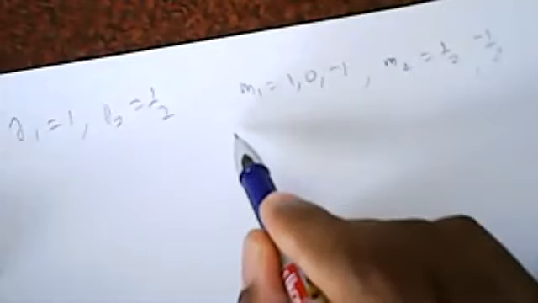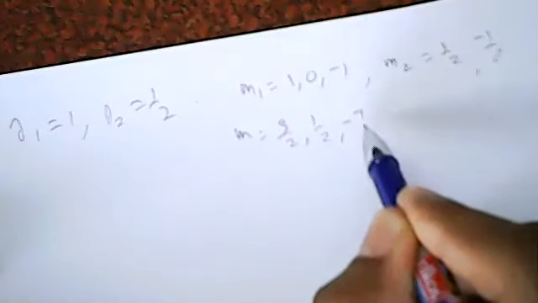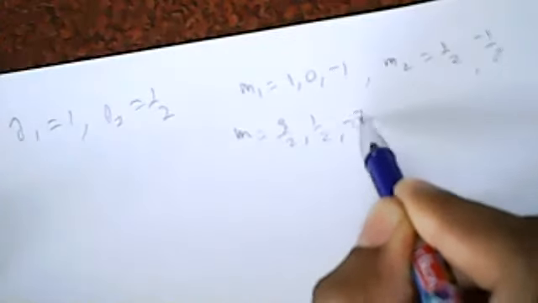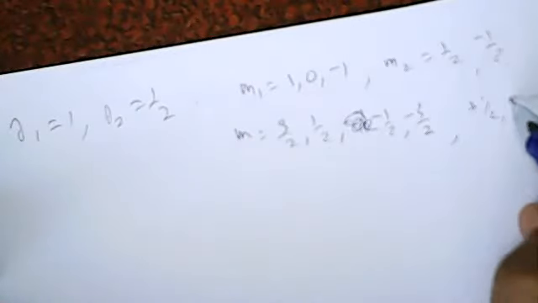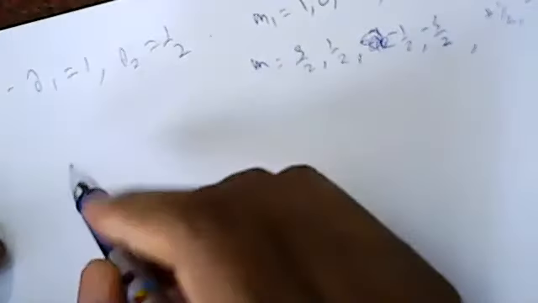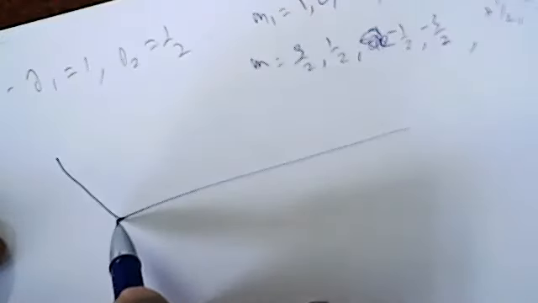Half and minus half. So what are the M values? 3 by 2, half, minus half, minus 3 by 2, and plus half, minus half. So 6 M values.